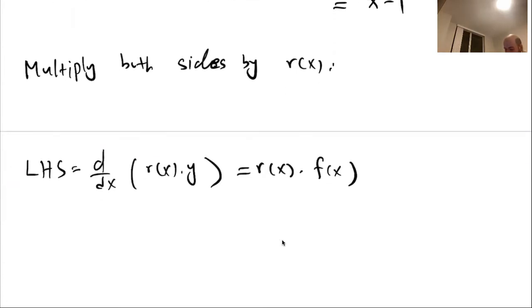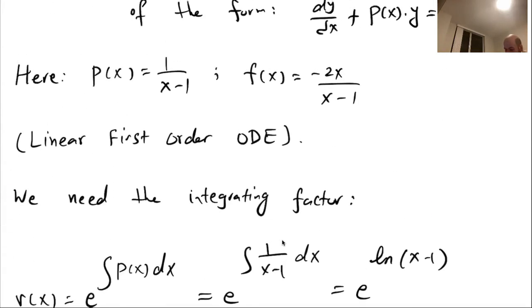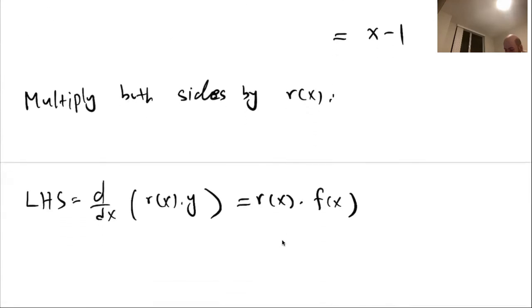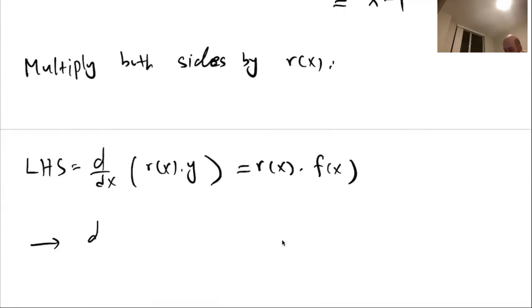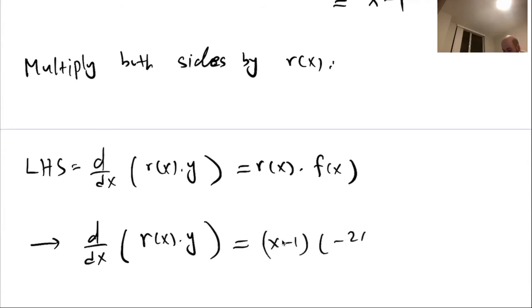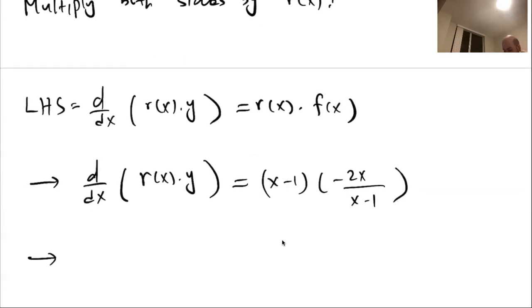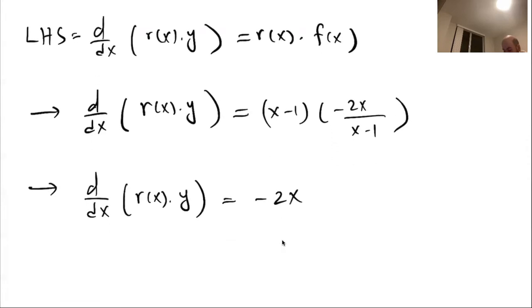Now, for r of x times f of x, we have f of x here and we have r of x here. So then we will have d/dx of r of x times y equals x minus 1 times minus 2x divided by x minus 1. And that means d/dx of r of x times y equals minus 2x.